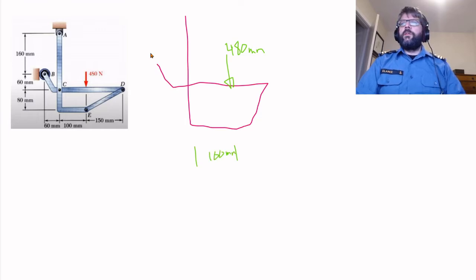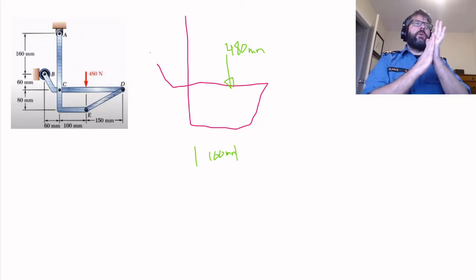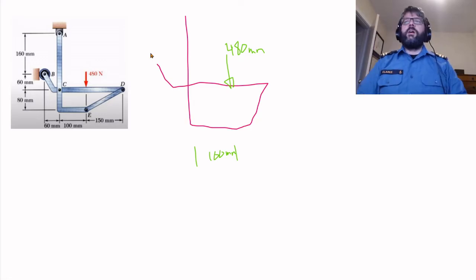We're going to have a reaction at B. B there is a roller against a vertical wall, so it's only going to be able to push away from the wall. So there isn't going to be any BY. We're also going to have an AX, and we're going to have an AY.